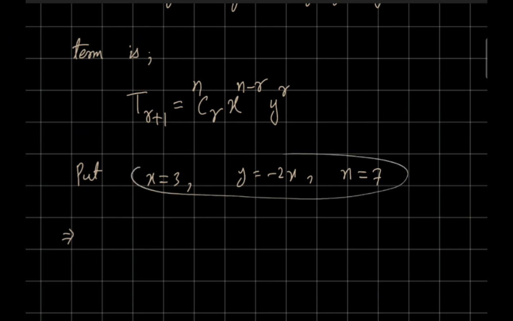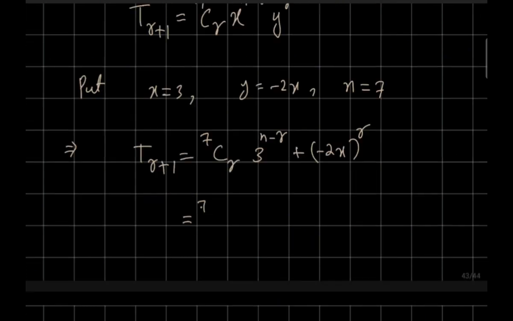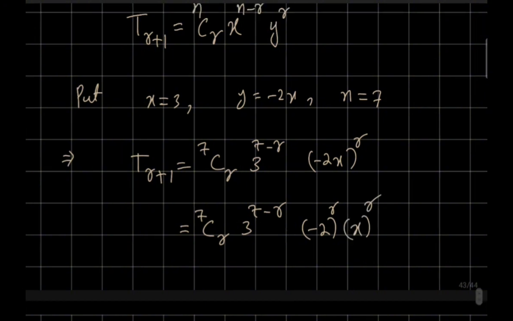After putting these values, we get T(r+1) = 7Cr 3^(7-r) (-2x)^r, which is the same as 7Cr 3^(7-r) (-2)^r x^r.